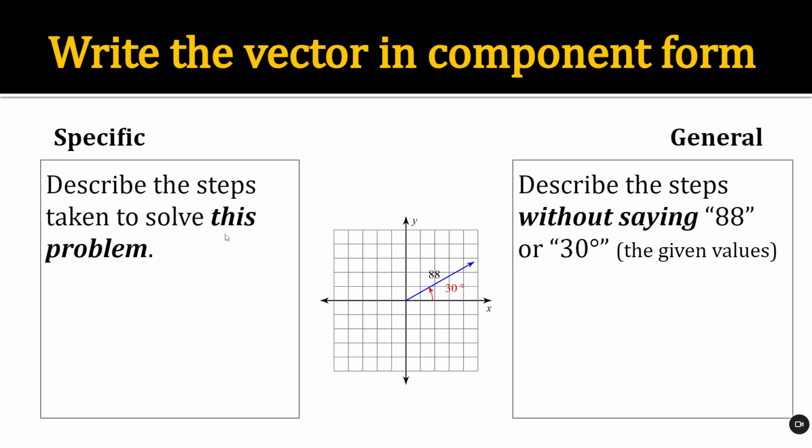So it's nice to be able to solve this problem where we're trying to find the vector components of a vector with magnitude 88 and angle of 30. But you want to be able to find the vector components of any vector with any magnitude and any direction angle. So you're going to describe the steps without saying 88 or 30 degrees, the given values.